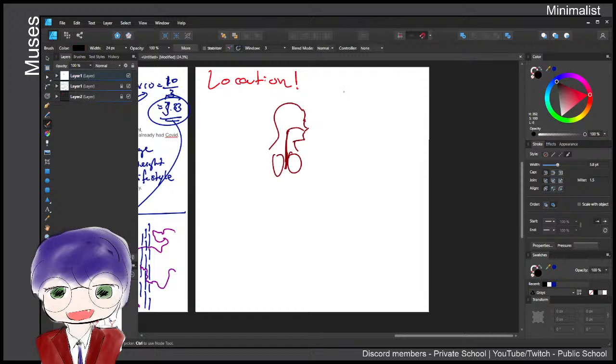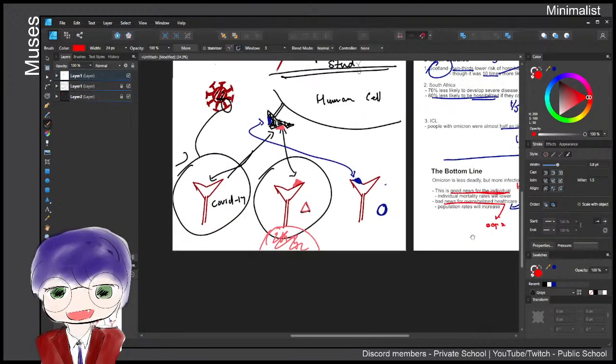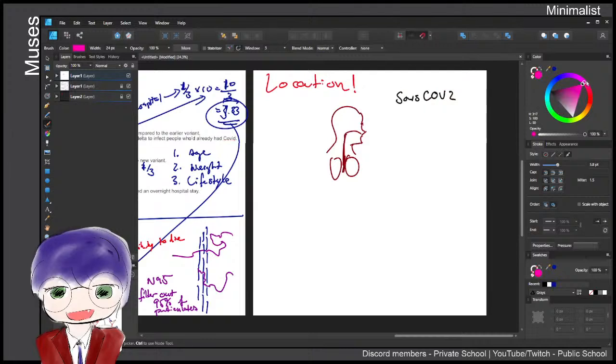Let's do SARS-CoV-2. We'll do something like, what was Delta? Just double check. Delta was pink. This is Delta, and Omicron was blue. That's right, and Omicron.